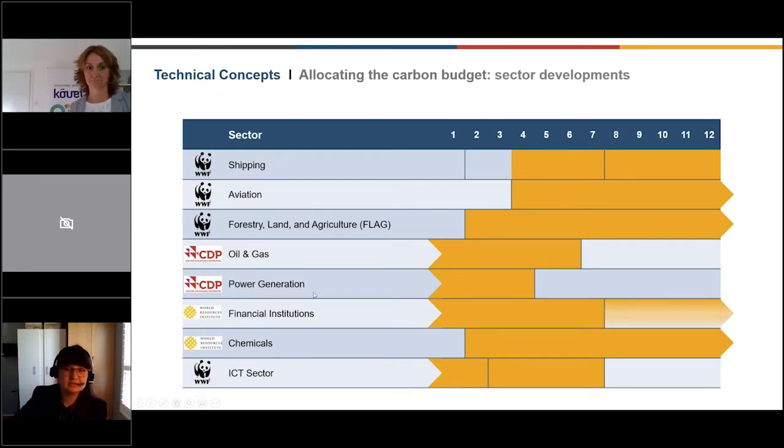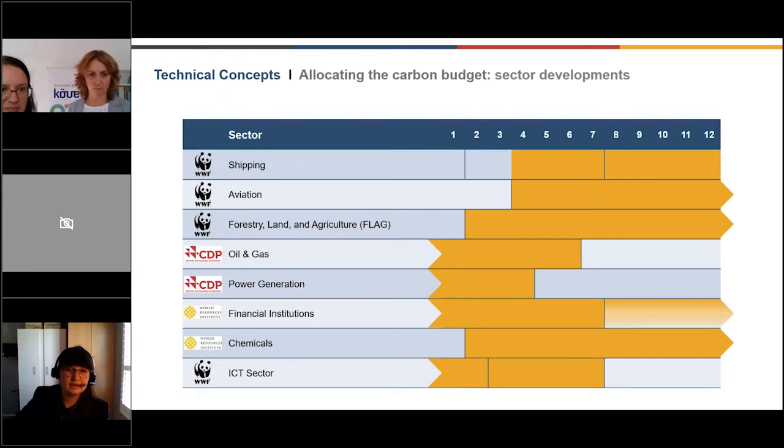Great. So this is the available sector developments underway or that have just been completed. So in the transport space, we have shipping and aviation under development, with shipping looking to be completed near the end of this year, with aviation extending into Q1 of 2021.